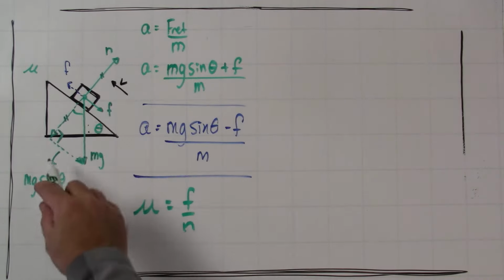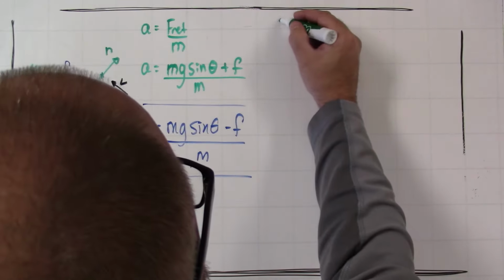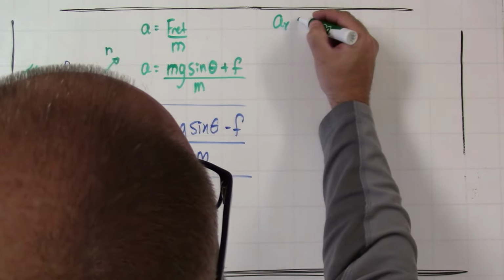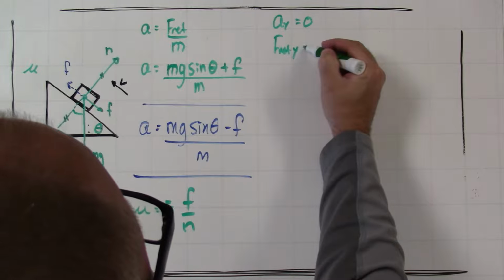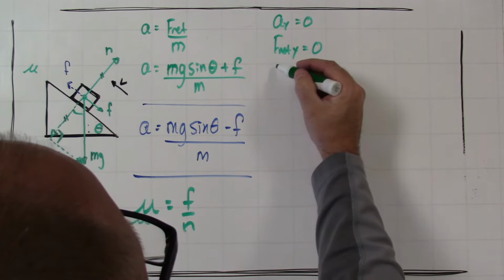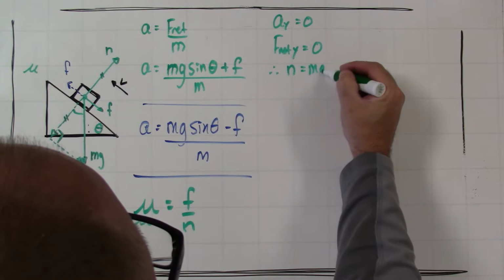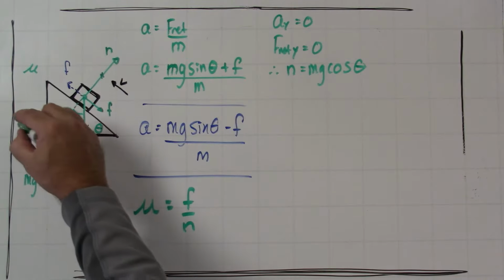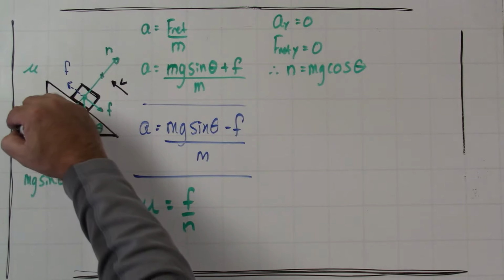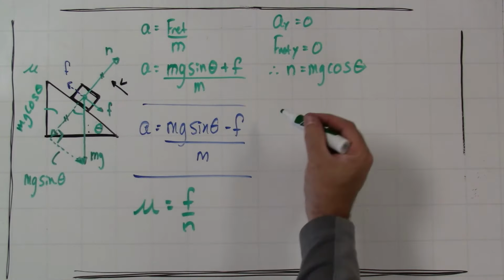So how do I figure out what the normal force is? Well, what we know is that in the y direction, the acceleration in the y direction is equal to 0. Therefore, the net force in the y direction is also equal to 0. Therefore, the normal force is equal to mg cosine theta, where this component right here is the mg cosine theta.